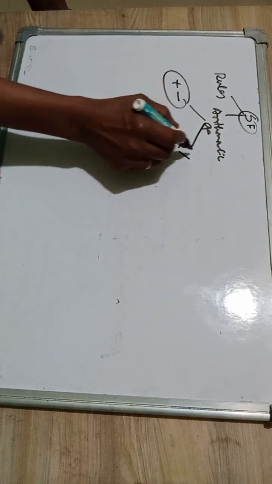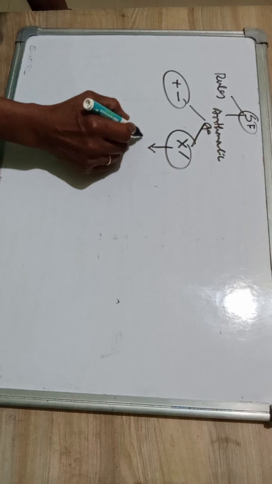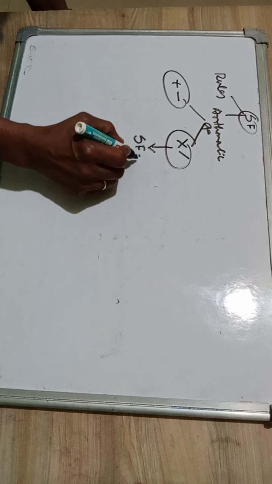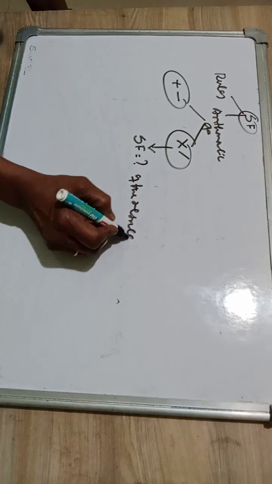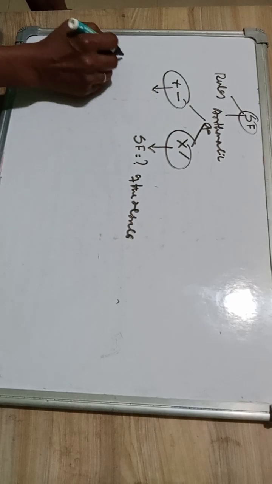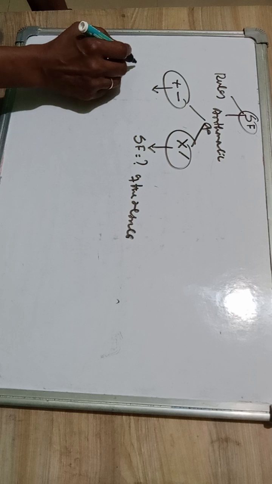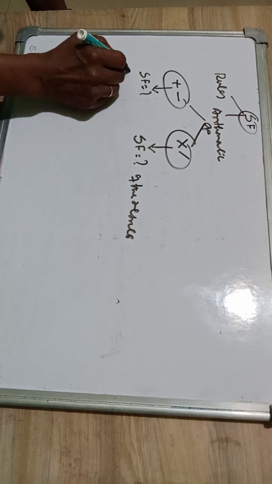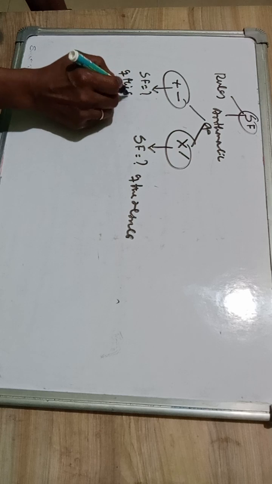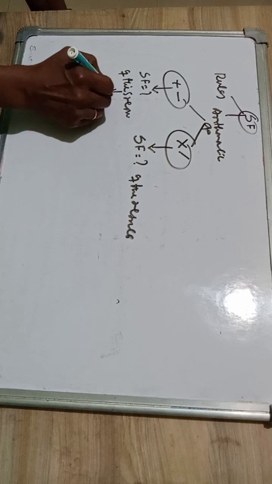In those cases, what will be the significant figure of the result? If two numbers are added and we get a result, what is the significant figure of this result?